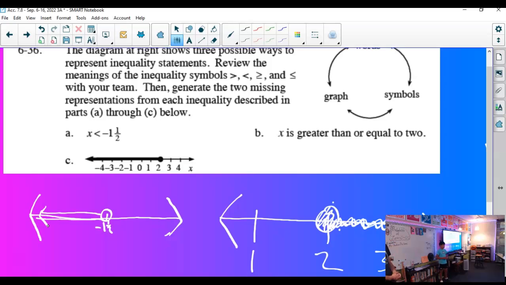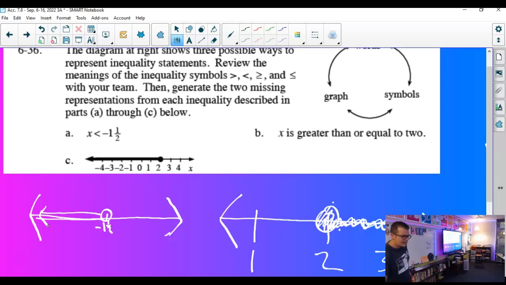Make sure you have your negative on that number. That is a trapdoor a lot of middle schoolers like to fall into, is forgetting to put the negative on it. Yeah, negative 1.5 is the same as negative 1.5. Yep, totally fine.